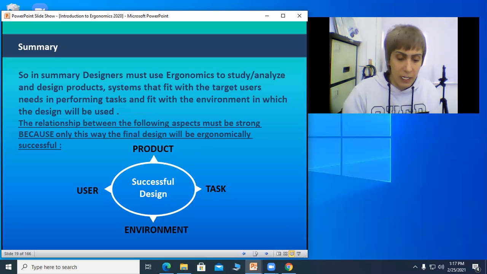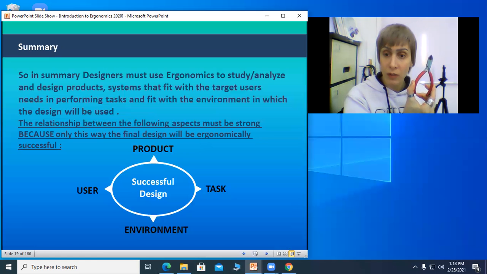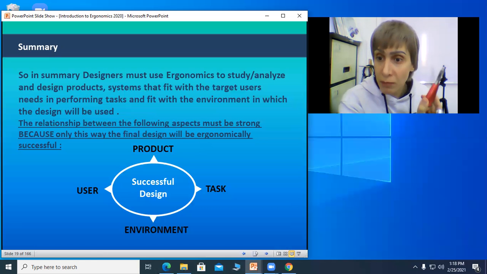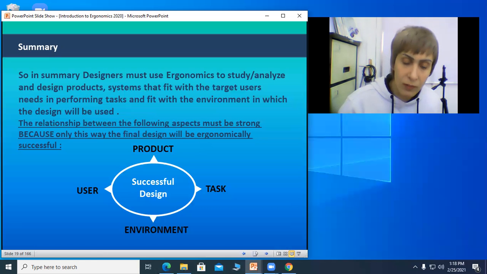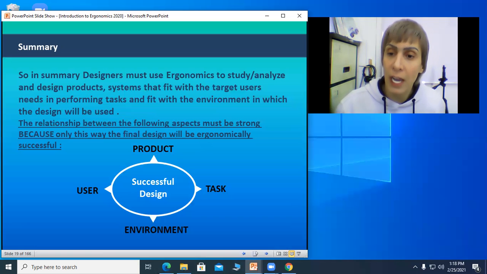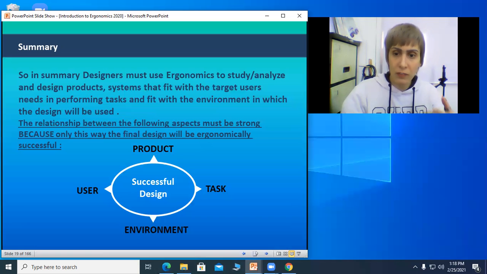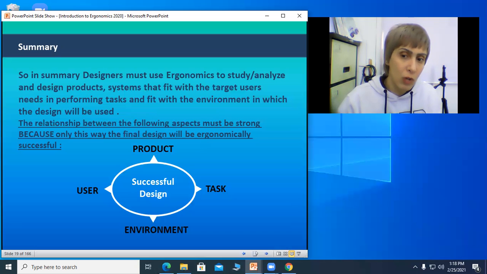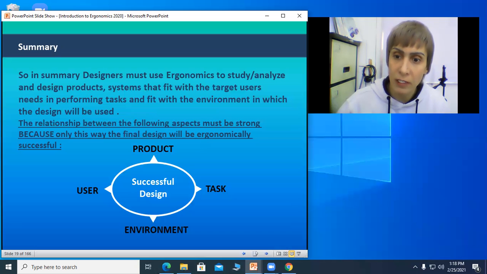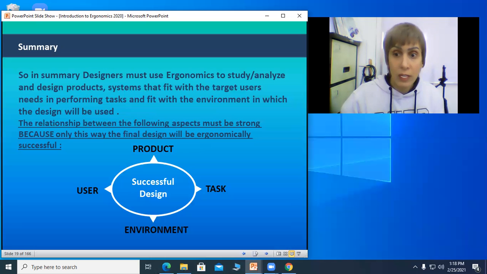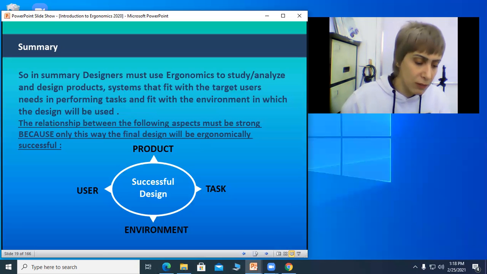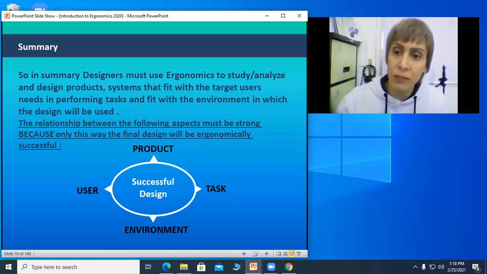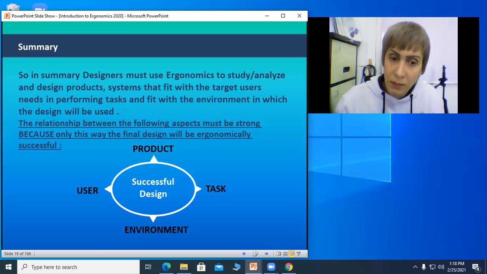How to, for example, analyze a product and find its problems, its design problems. How? Ergonomics gives us such guidelines. And we will see some of them later on when we go a little deeper into the material. Of course, again, we cover only the basics. We don't have a lot of time to go really deep into ergonomics, but it will give you enough knowledge to grasp what is ergonomics all about and how it can help you in design.